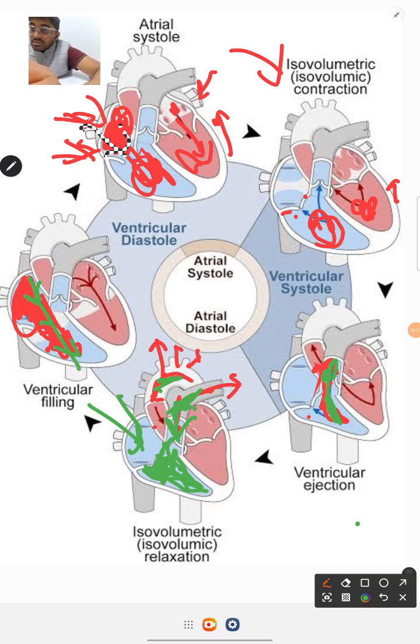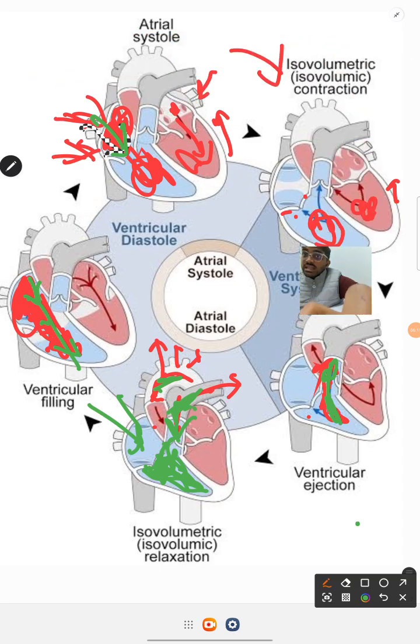Some blood is still remaining inside the atria. That blood is moved into the ventricle by the active contraction of the atria, which moves the remaining 30% of the blood.